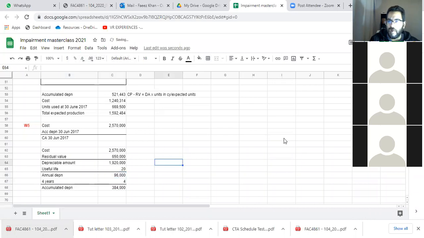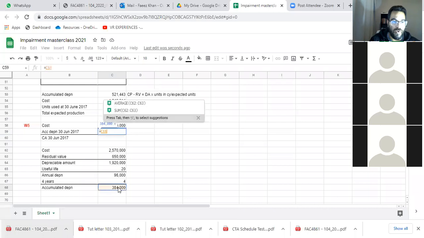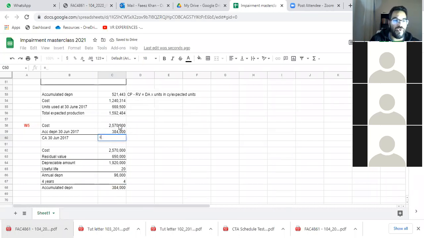So now I'll get the accumulated depreciation. My accumulated depreciation is 384. And so therefore my carrying amount at 30th of June of the factory is 2186. Now remember, this factory is a corporate asset.